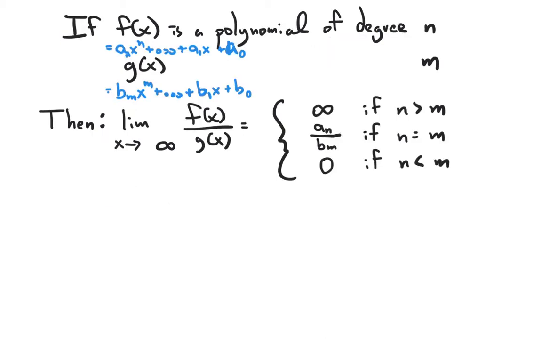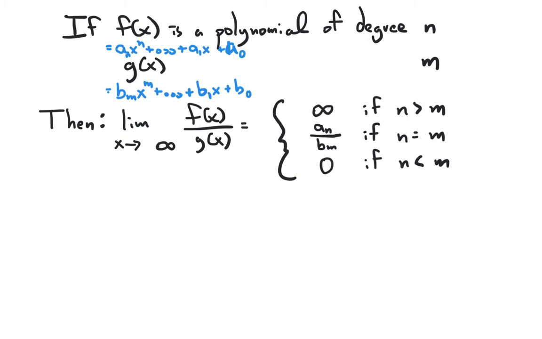From the previous discussion, we can talk about a rule that we can glean here. And in some sense, we've almost proved this. But we can glean from that previous discussion that the limit really only depends on what the highest power of the numerator and denominator polynomial was.